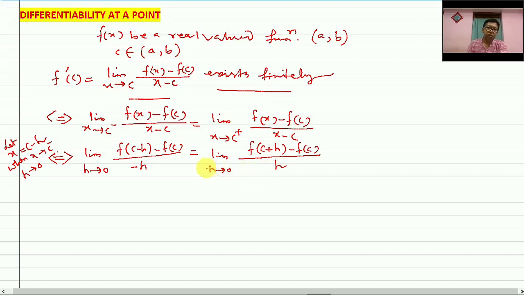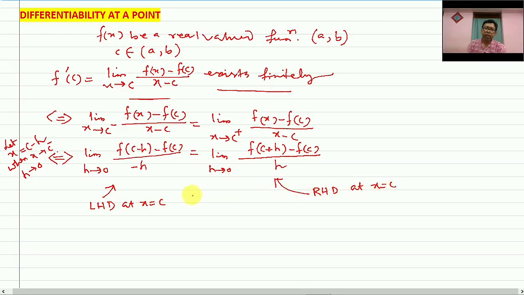So now on the left side you are getting limit h tends to 0, f of c minus h minus f of c upon minus h, this one is known as the left hand derivative, in short LHD, at x is equal to c, and the right side is known as the RHD, right hand derivative, at x is equal to c.